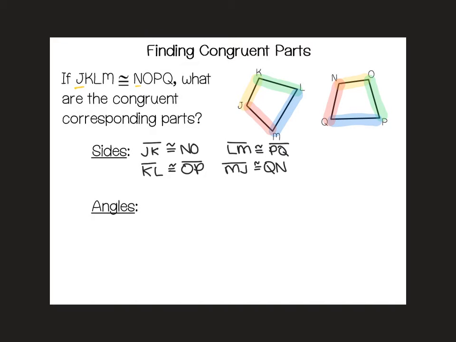So I have J and N. So angle J congruent to angle N. The next one, K and O. Angle K is congruent to angle O. LP. Angle L is congruent to angle P. And lastly, MQ. Angle M is congruent to angle Q.